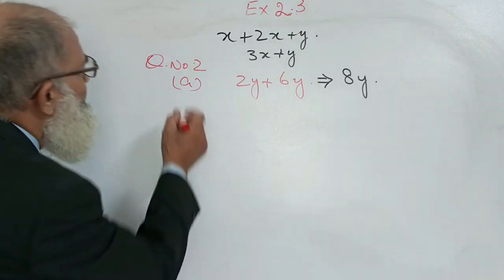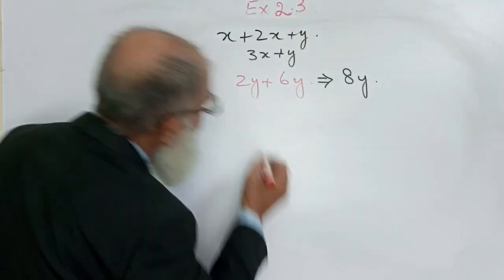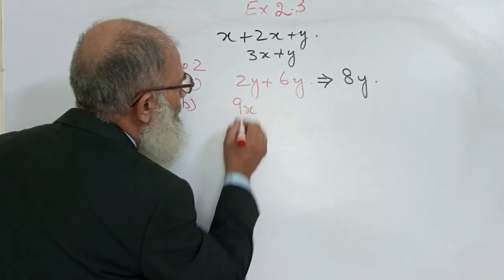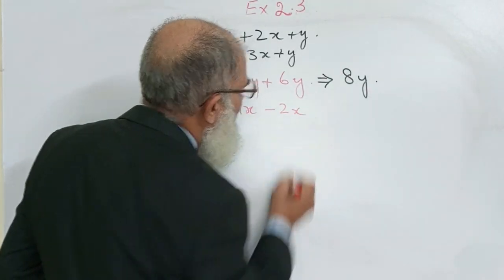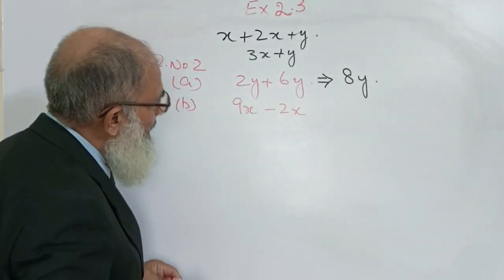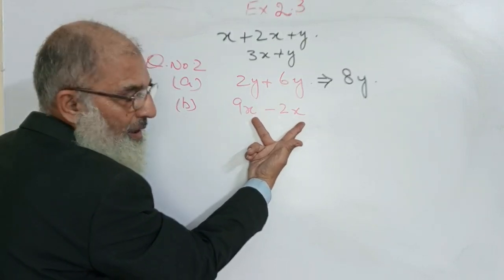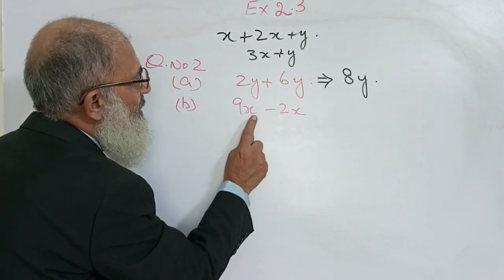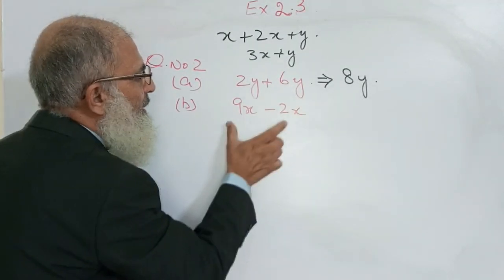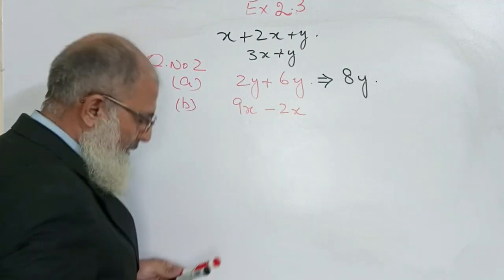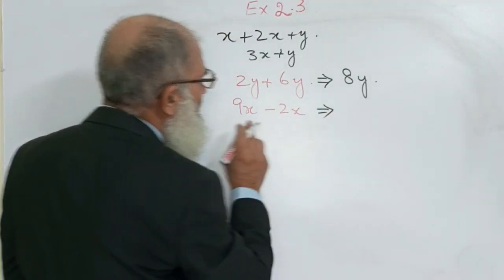Part B. These are very simple questions. I will leave some questions and we'll proceed to our next question. Now you see again what we have here is like terms, x with power 1, but we have different coefficients.